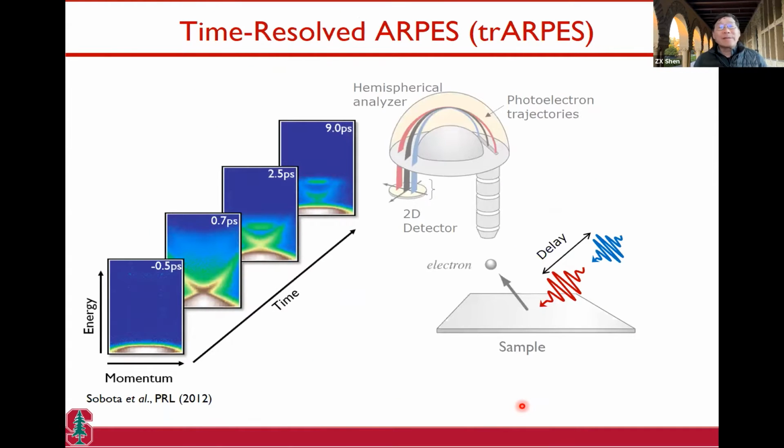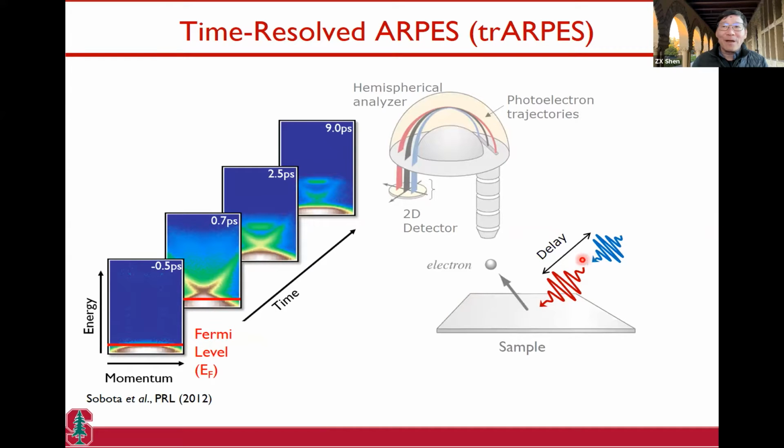Okay. So the technique we're using is a combination of time-resolved photoemission. Here's a spectra. Instead of traditional photoemission with one photon, now you have two photons, one pump and one probe. And in a conventional photoemission, you only see states below the Fermi level. Now you can see that before your pump arrives, everything is below the Fermi level.